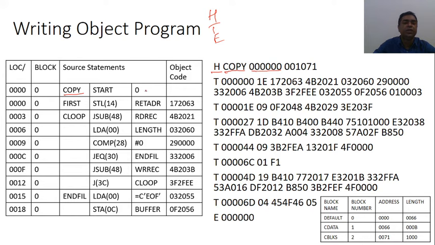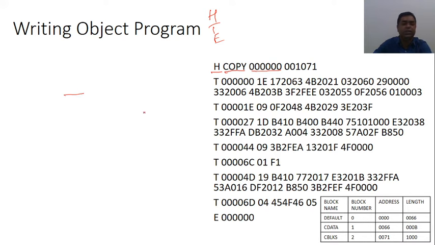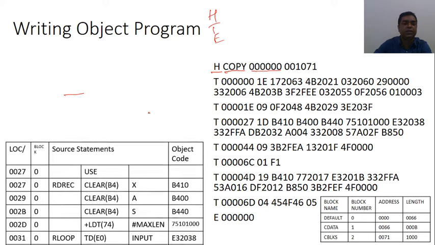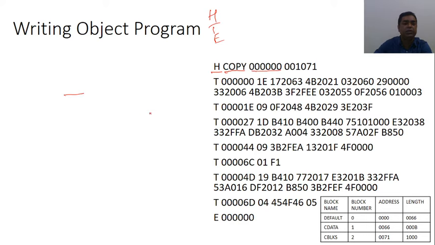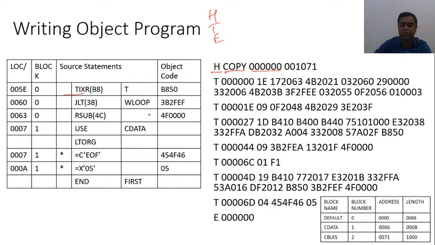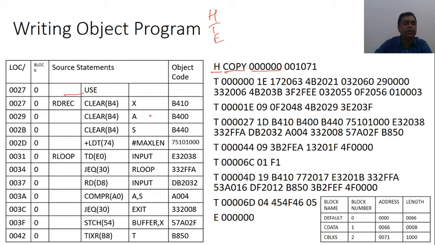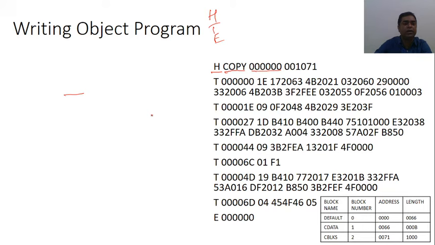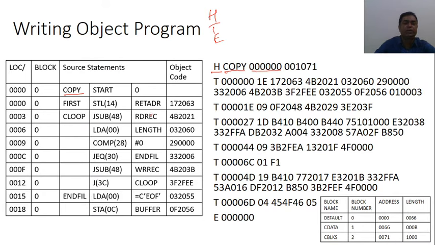Now what is the size of this program? When you want to find out the size of this program, we know that when we discussed program blocks, there were three blocks: default, CDATA, CBLKS, and the block numbers corresponding to these blocks are 0, 1 and 2.